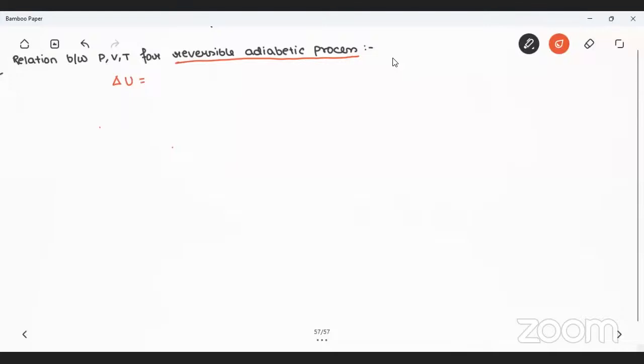Delta U is equal to Q plus W. This is according to the first law of thermodynamics. So for an adiabatic process, Q is equal to 0. We all know this. So delta U is equal to 0 plus W, or we can say delta U is equal to W, but we write this W as W adiabatic.